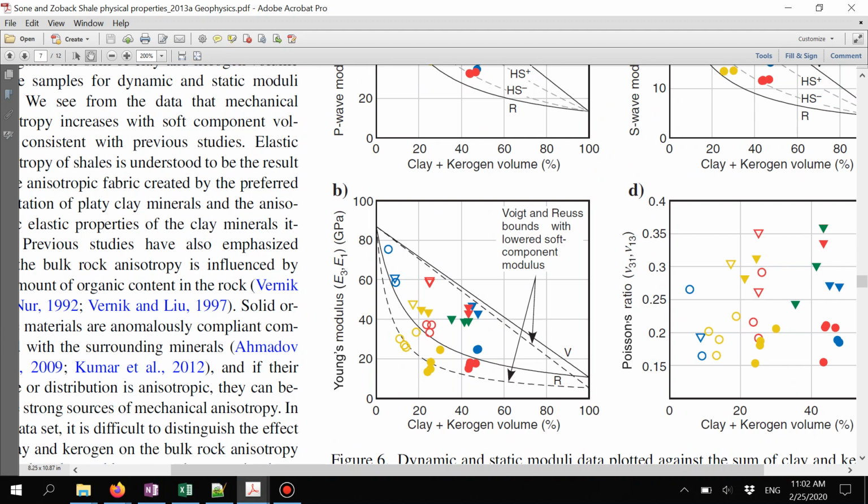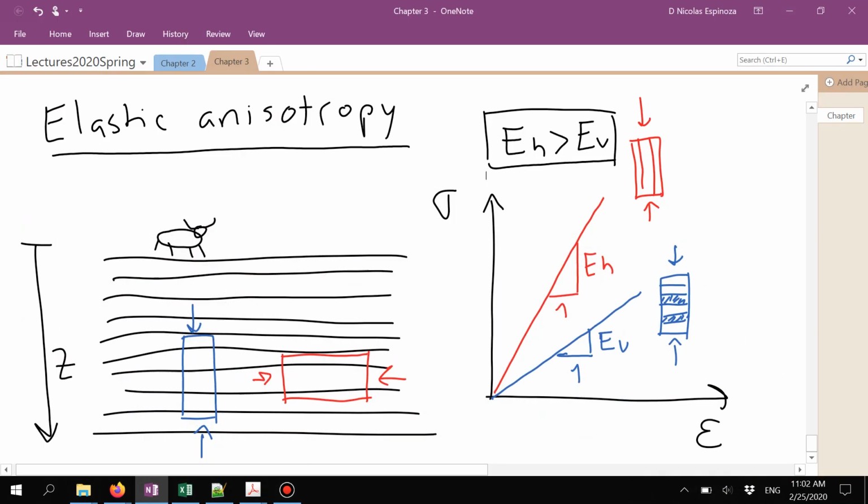All right, so in most of our programs, we are not going to incorporate anisotropy because it makes it a little bit more complicated. In real applications, when you get to work on some of these problems, you have to do this.